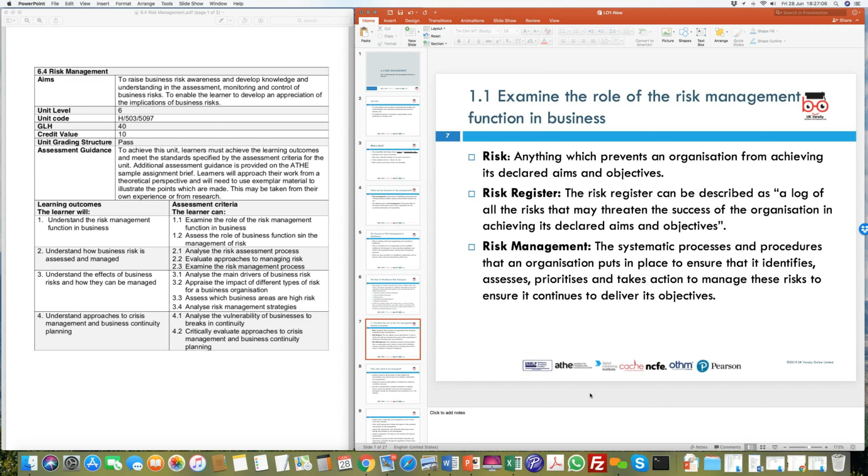Similarly, when we talk about this in a wider purview and look at it from an organizational standpoint, we look at risk, we look at a risk register, and then we manage those risks. Most organizations take out liability insurances, with a minimum threshold being 5 million.